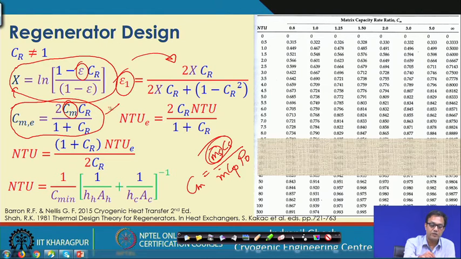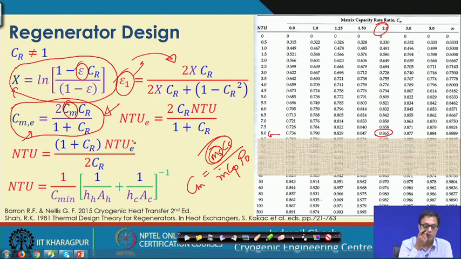So, at this point we have to make an assumption of this regenerator matrix Cm effectiveness. Based on that, now we have epsilon 1 and CME. If epsilon 1 is 0.861 and CME is 2, in that case we know the value of the corresponding NTU.